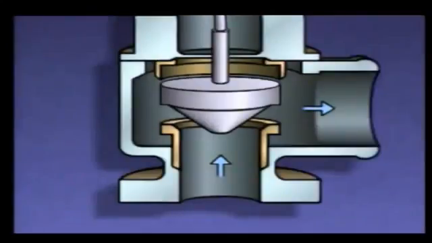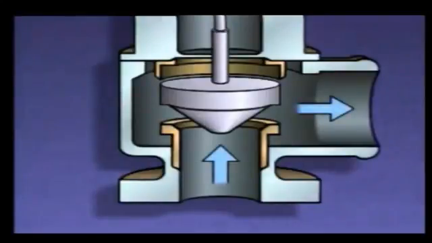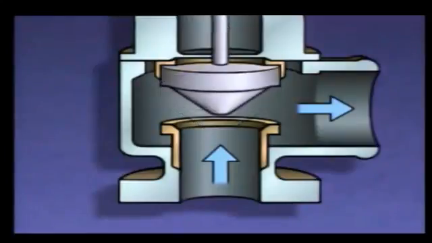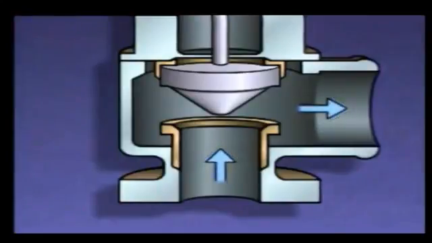If pressure in the system keeps getting higher, the pressure acting on the bottom of the disc will also increase and cause the disc to lift even higher. Once the excess pressure in the system has been relieved, the system pressure will begin to drop. As pressure goes down, the force acting on the bottom of the disc also decreases.